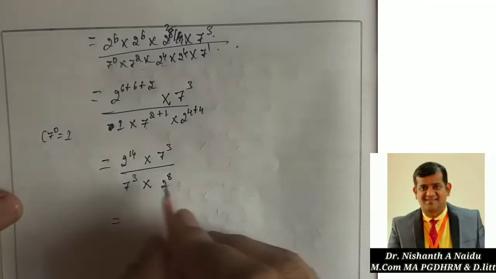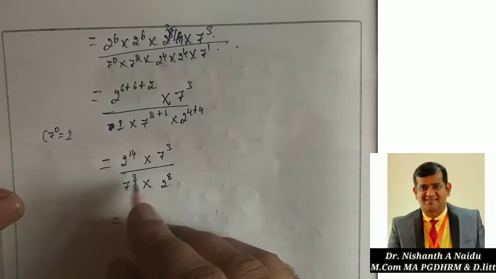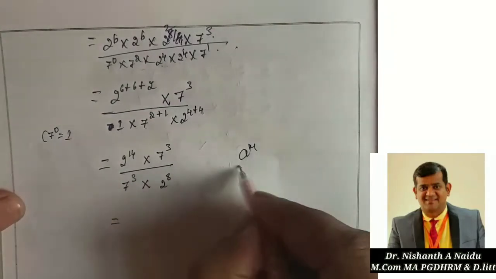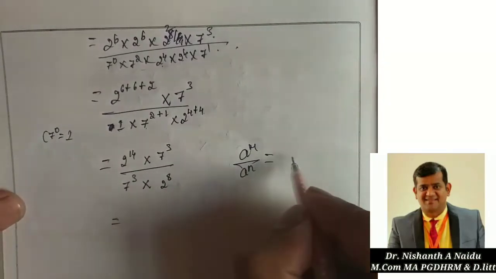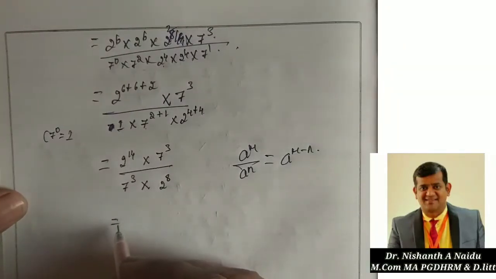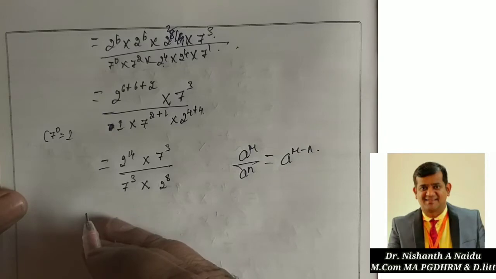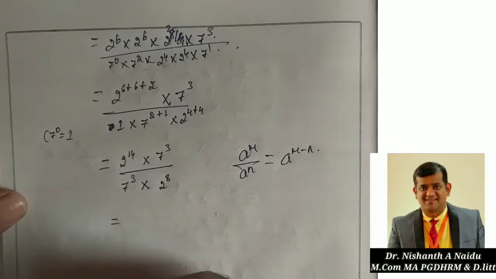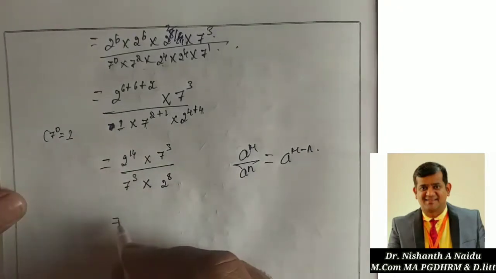So now by applying the law that a to the power m divided by a to the power n is equal to a to the power m minus n. So what I am going to do here? I am bringing the denominator up, or you can directly cancel it.